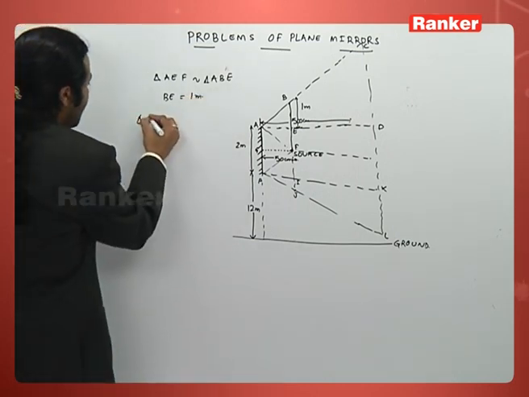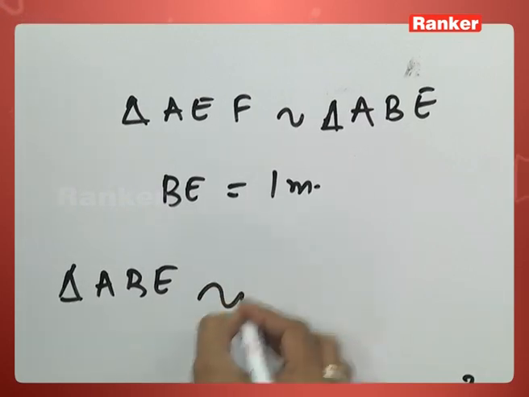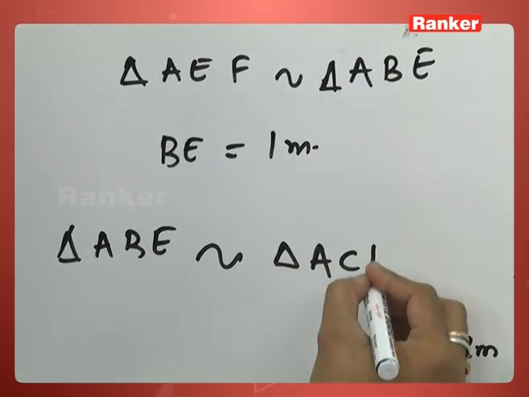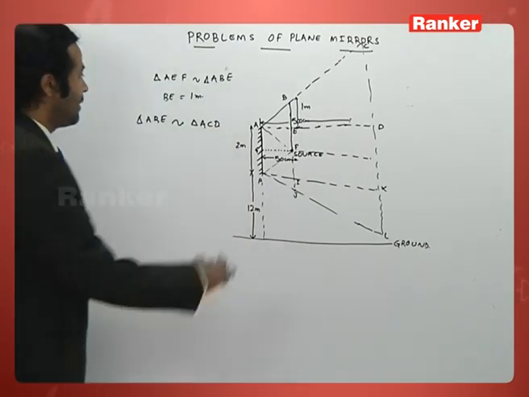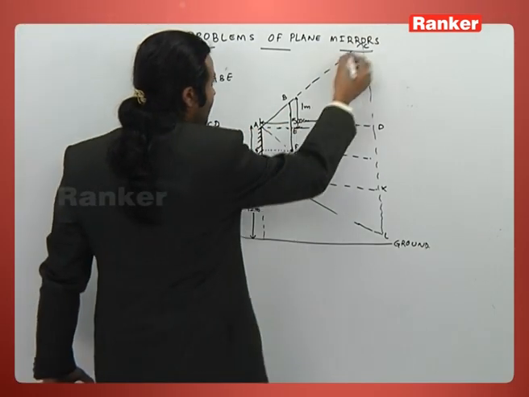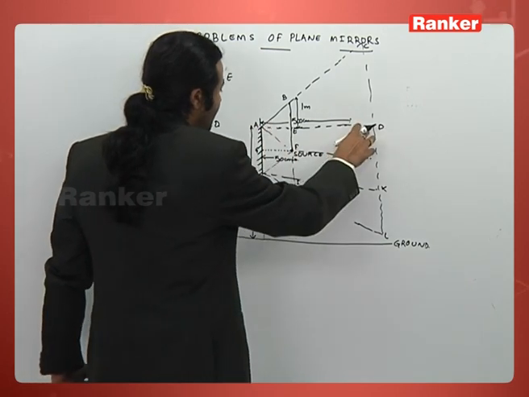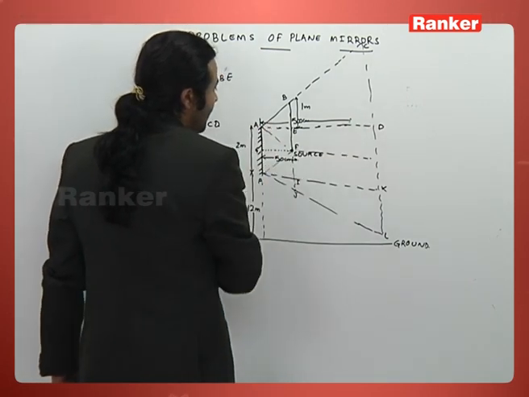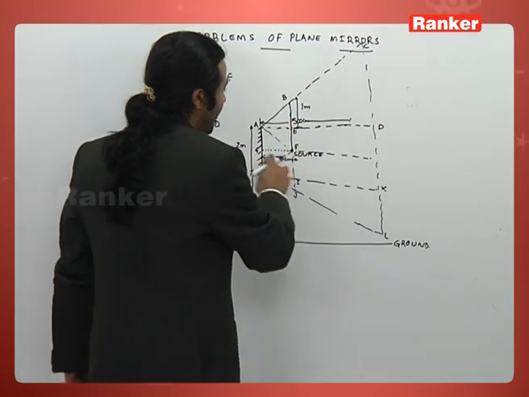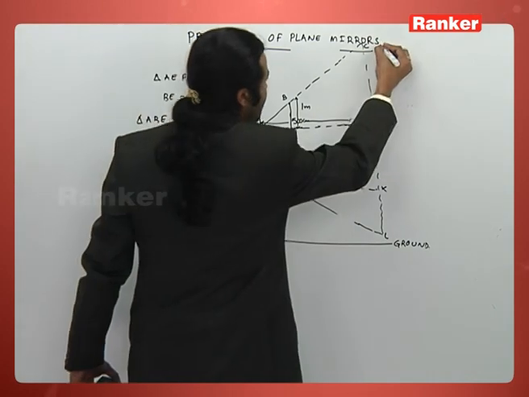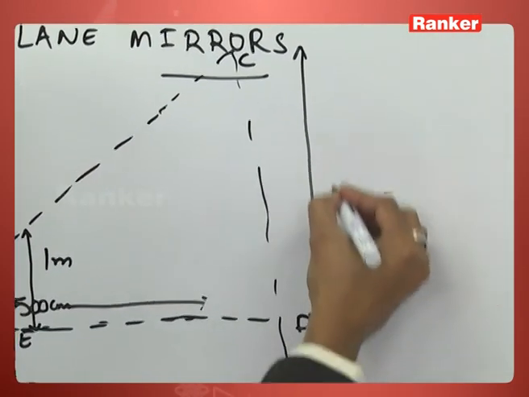Triangle ABE is similar to triangle ACD. That means this triangle is similar to this triangle. By the midpoint theorem you can easily prove it. This is 500 centimeter, this is 50 centimeter. So obviously this one is 10 times this 50 centimeter. So if this is 1 meter, obviously this will be 10 meter.